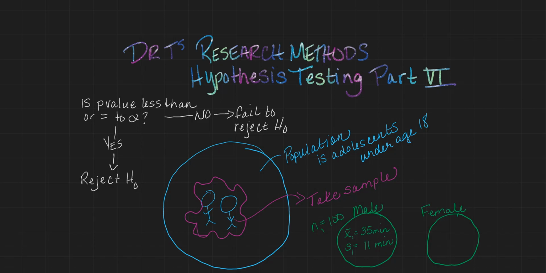And our female group, on average, is 31 minutes online. The standard deviation, I'm going to call that S2, is 12 minutes. And I have 125 females in my sample.